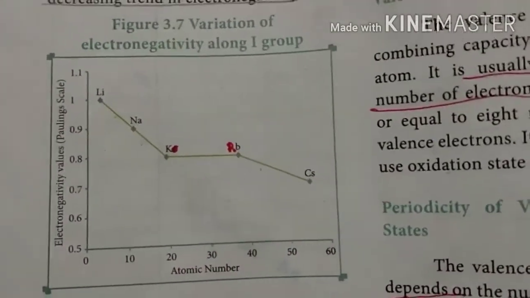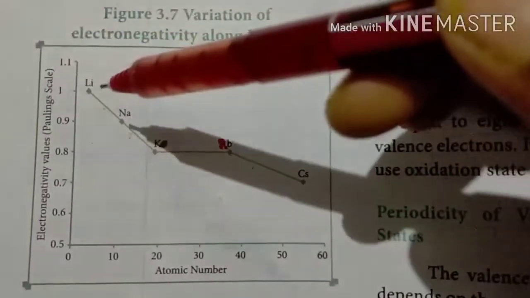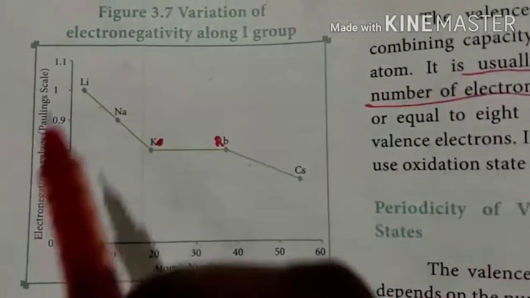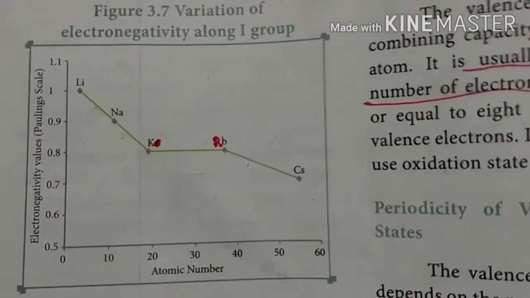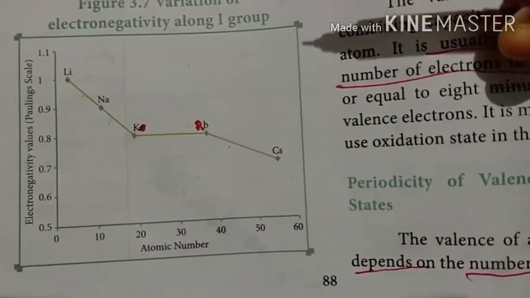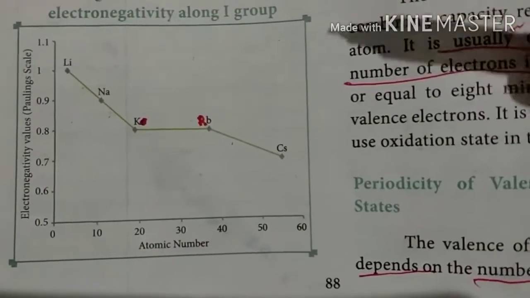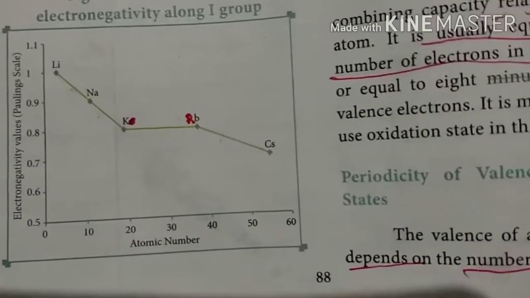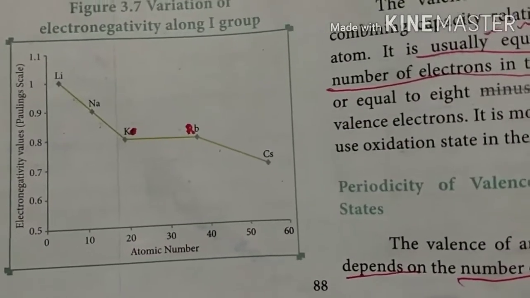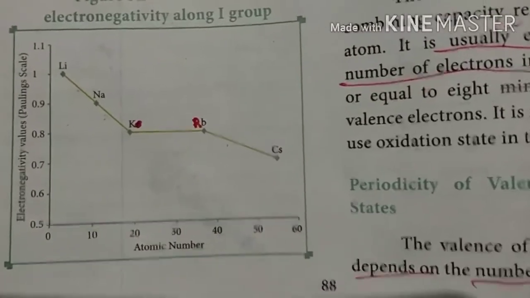Now let's see the electronegativity variation from lithium to cesium. It decreases because the atomic size is increasing and the shielding effect is also increasing. That means the attraction between the nucleus and electron is decreasing.